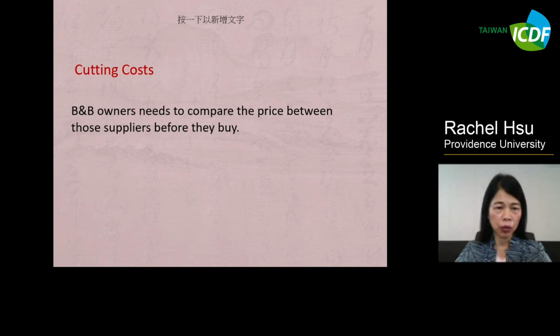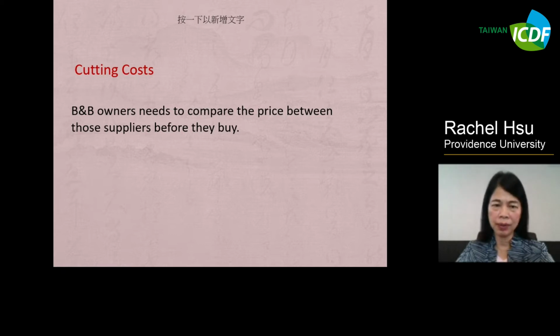For example, even when you want to print the brochure, you need to consider the quality of the paper, so the cost is higher. Sometimes you have to negotiate with the printing manufacturer. So you need to pick, for example, the ready-made brochure in order to control the cost of the printing.